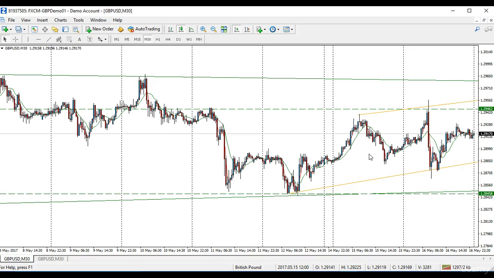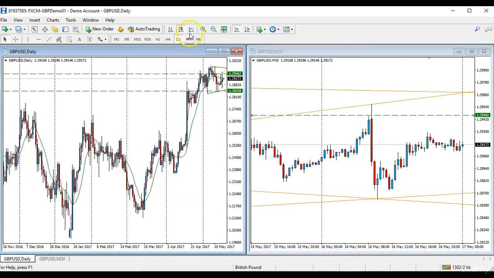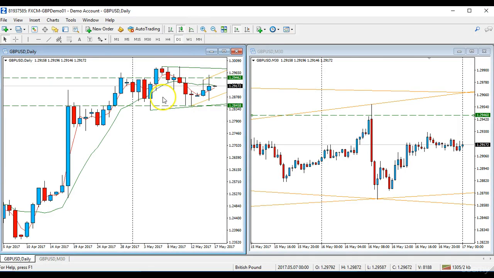What this also tells me, if I go back to the daily chart, is that there's not a lot of momentum in the market. If you remember, in an earlier video I talked about how I use this moving average.